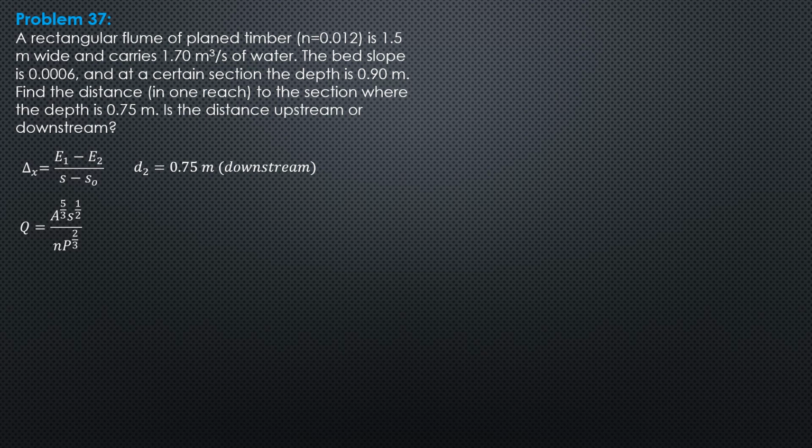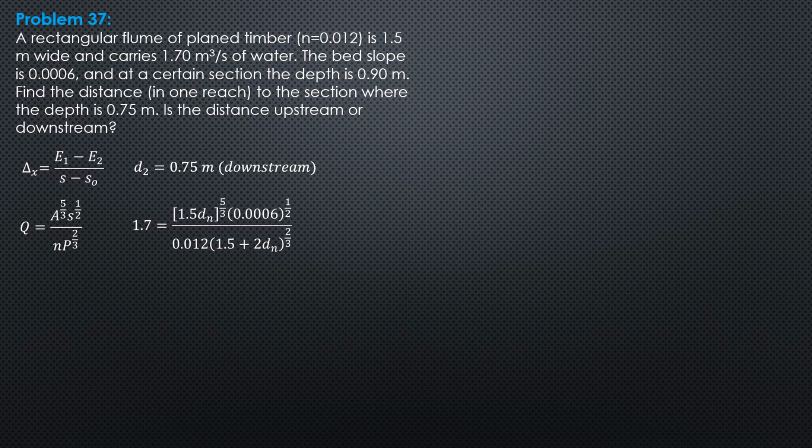So let's compute the normal depth. 1.7 is 1.5 times the normal depth, which will produce uniform flow. Take note, this is gradually varied flow because of different depths. Slope is 0.0006, the bed slope, which is also the slope of the energy grade line when the flow is uniform.